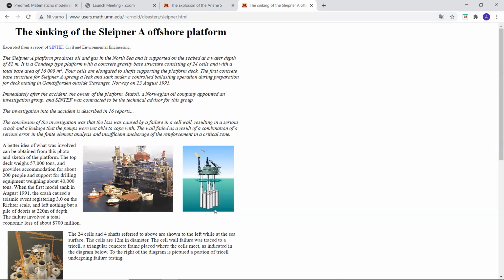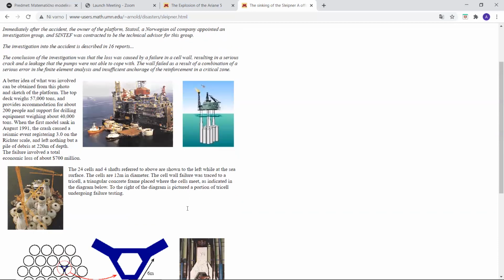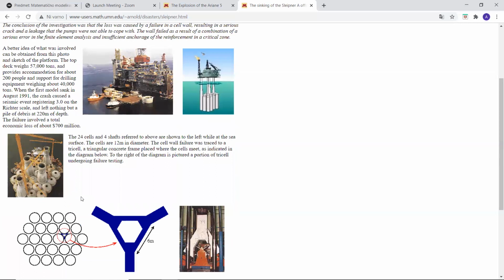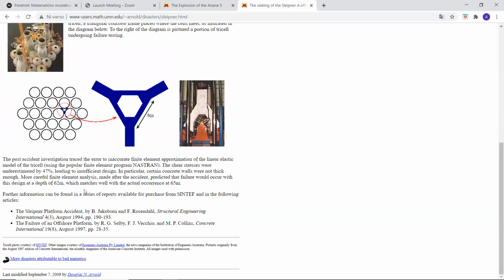And it turned out that their simplifications simplified the situation too much, and the forces they modeled were smaller than the actual forces which occurred, and this caused that when they were building this station, it just collapsed. And there is also a video showing how this station collapses and falls into the sea. There will be also a link in the handouts.